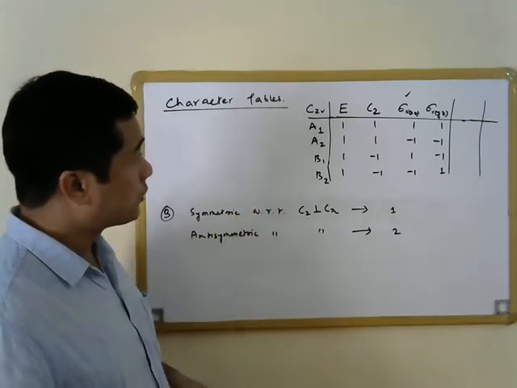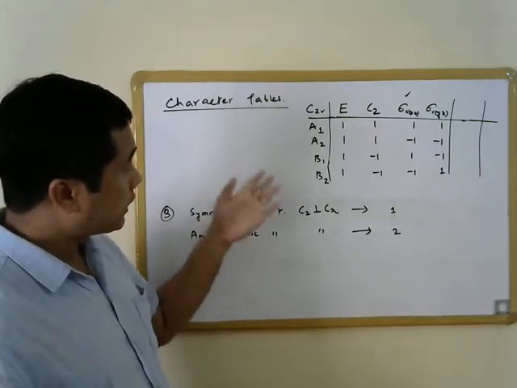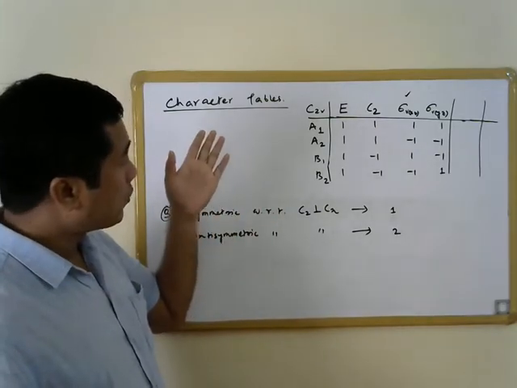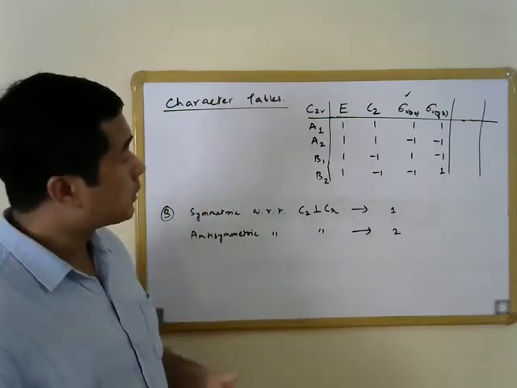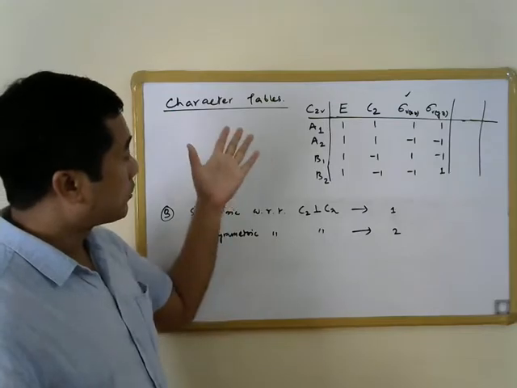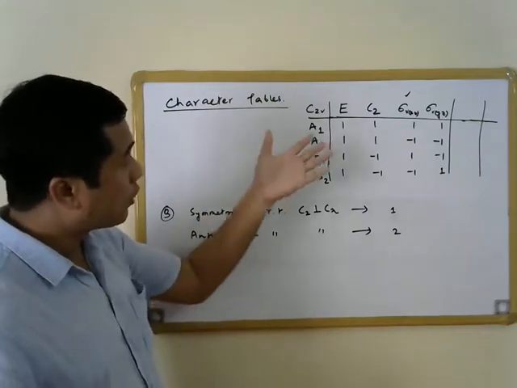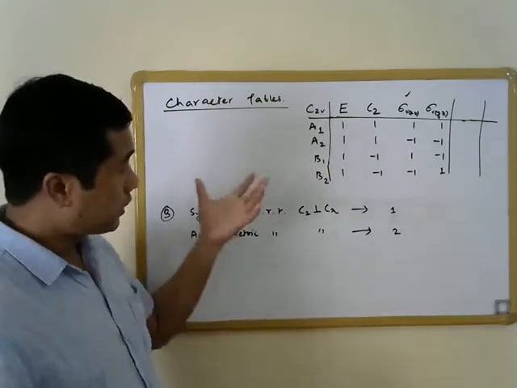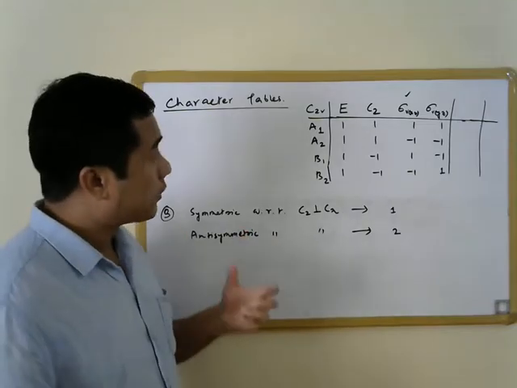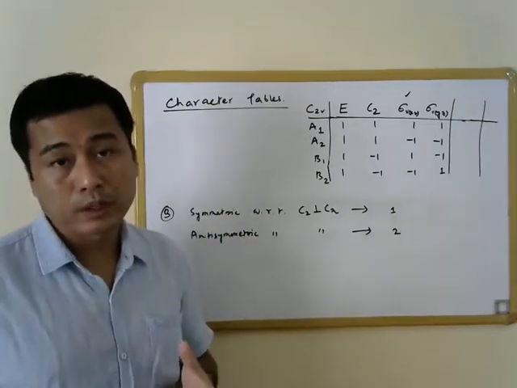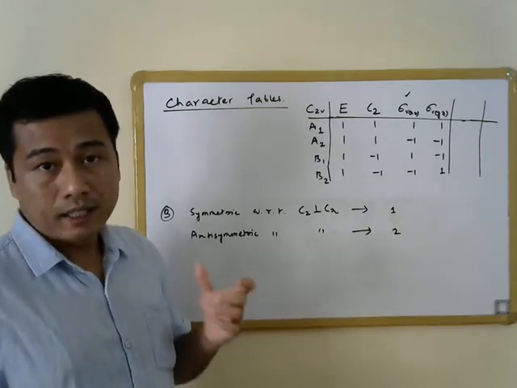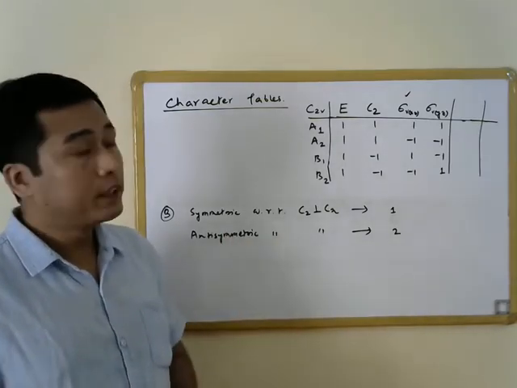So now we have 4 irreducible representations in the C2v point group, and we have denoted all of these irreducible representations using Mulliken symbols, and they are all different symbols for all the different irreducible representations. We can understand that when we say the A1 representation, we know which particular irreducible representation in the C2v point group we are talking about.